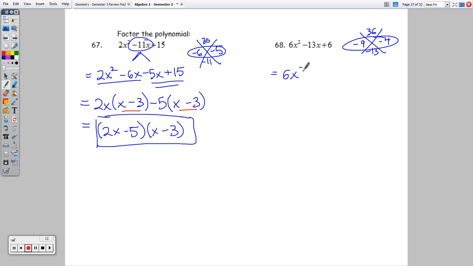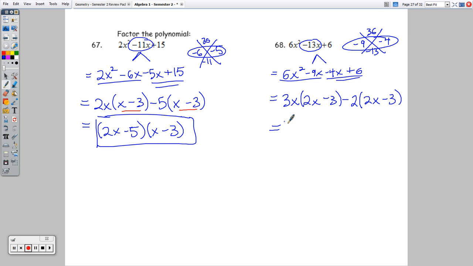So split that middle term up into those two pieces. Group them together. Factor out what you can out of each group. Make sure you factor out a negative if the first term is negative, and you're left with this. If you do that, you'd have 3x minus 2 times 2x minus 3.